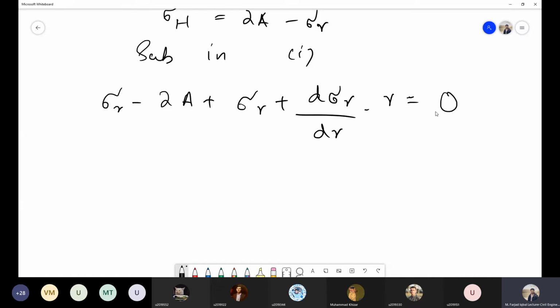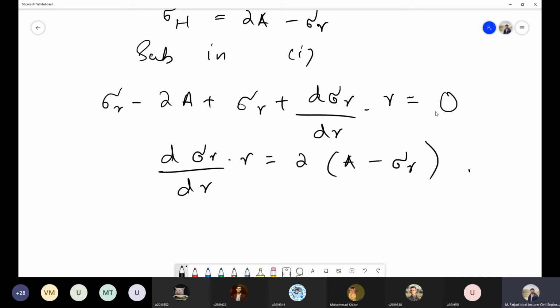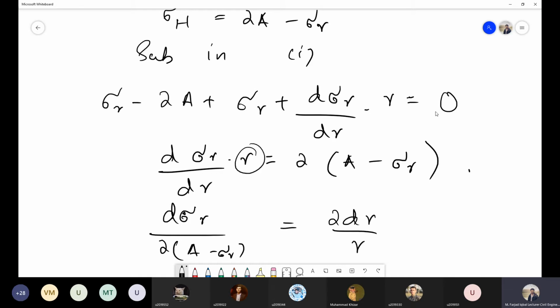So from this equation, if I simplify, I will get d sigma r over dr times r equals 2 times a minus sigma r, and if I rearrange this, I will get d sigma r over 2 times a minus sigma r equals 2 times dr over r.